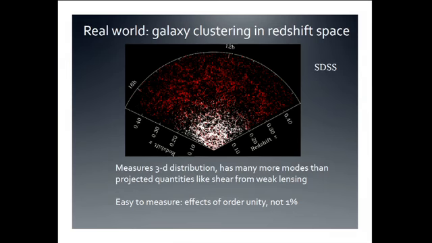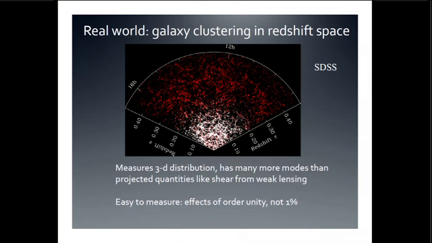Nevertheless, this was to some extent an academic exercise because this was all dark matter, but the data don't care about that so much because in the real world we observe galaxies. We also observe dark matter, but usually it's mixed with other stuff. So let me tell you quickly about the real world in terms of galaxy clustering.